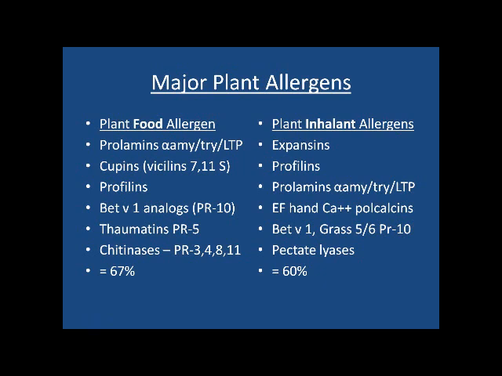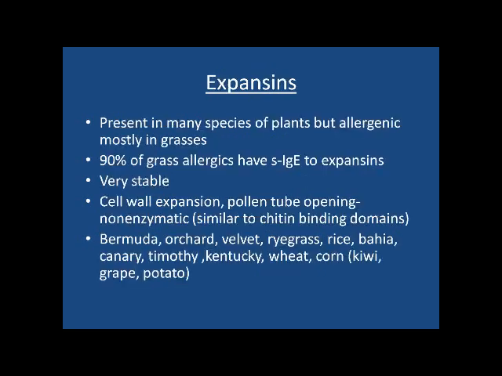EF-hand calcium binding proteins, the polcalcins, which we talked about before, and the Bet v 1, the group 5 and 6 grass allergens, which are again PR10 proteins. Pectate lyases seem to be more important as inhalant allergens than as food allergens. But these groups right here account for 60% of all the plant inhalant allergens, and they're widely distributed again.